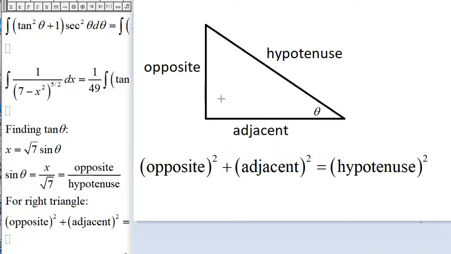We have a right triangle here, so the opposite side squared plus the adjacent side squared is equal to the hypotenuse squared. For this problem, the opposite side is x, the hypotenuse is the square root of 7, and we're looking for the adjacent side.